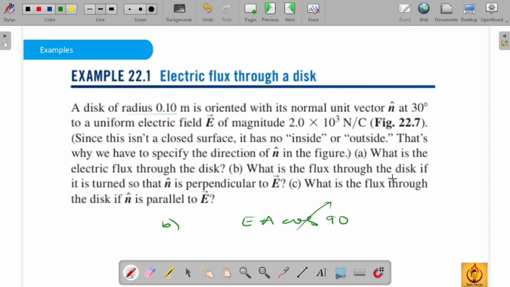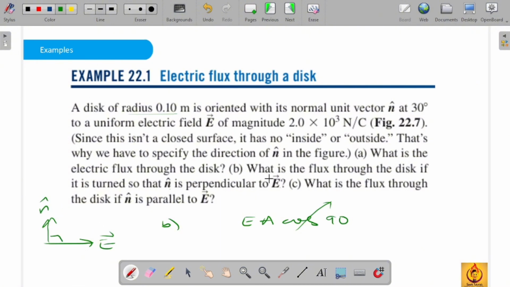Before we do anything, let's read again. What is the flux through the disk if it is turned so that normal is perpendicular to electric field? Electric field and normal. These guys like to trick us. Do you know what they say sometimes? Something is going to be perpendicular, but it's not the normal.